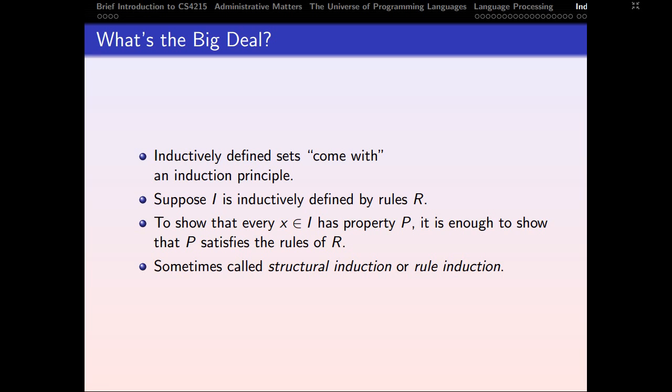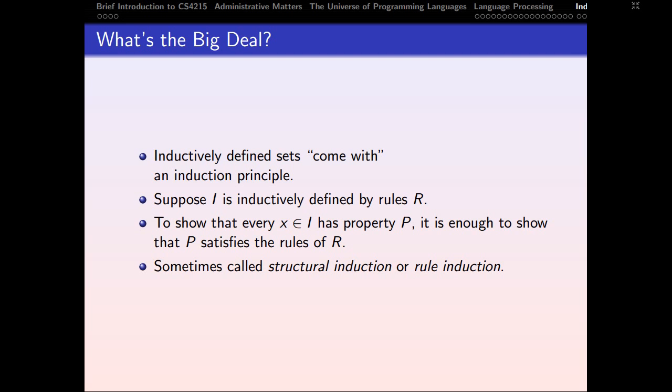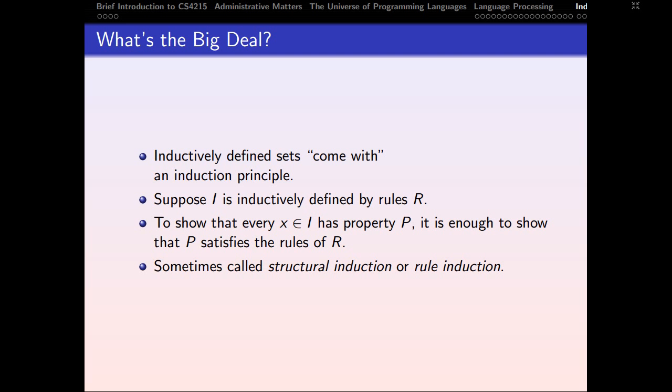All right, so we've seen inductive definitions, and inductive definitions induce an induction principle. So we're going to uncover an overarching principle called structural induction, but it turns out that you cannot formalize structural induction properly.